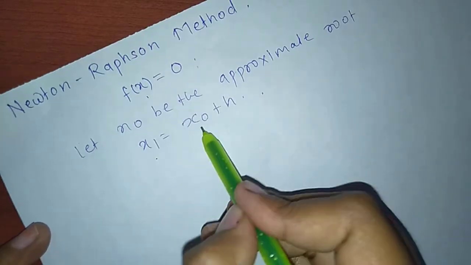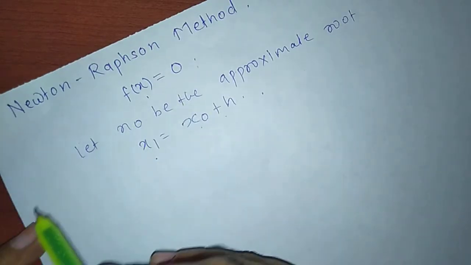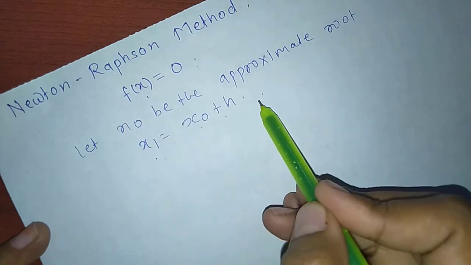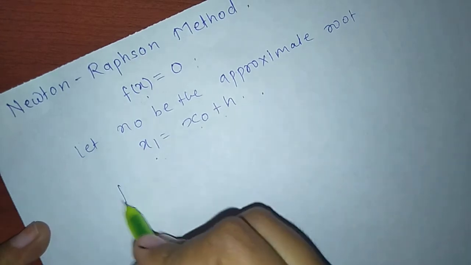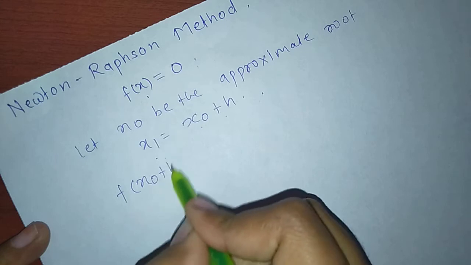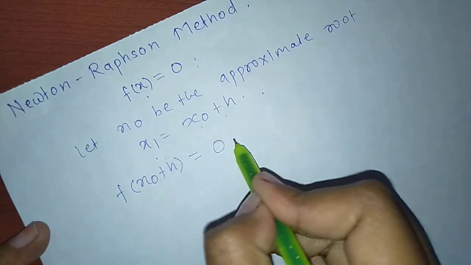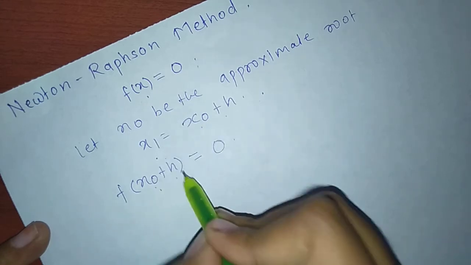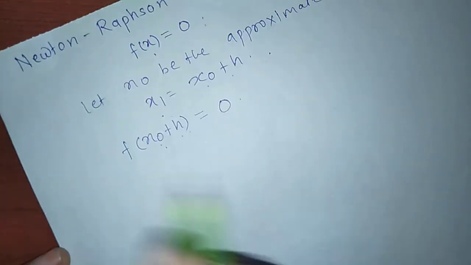Now put x naught plus h in f of x. Here x1 is the root of f of x. That means f of x naught plus h equal to 0, because x naught plus h is the root of f of x.